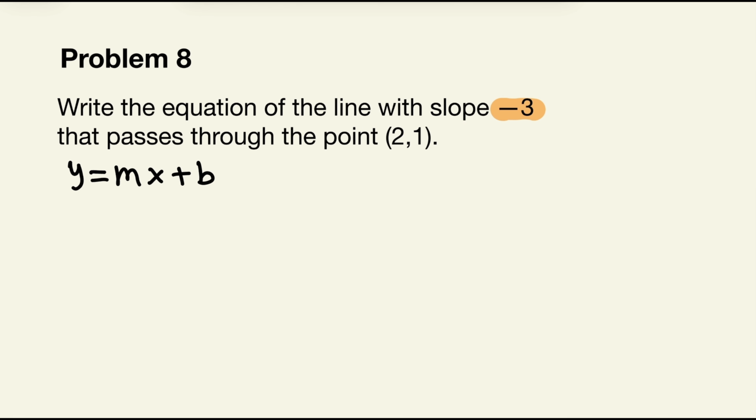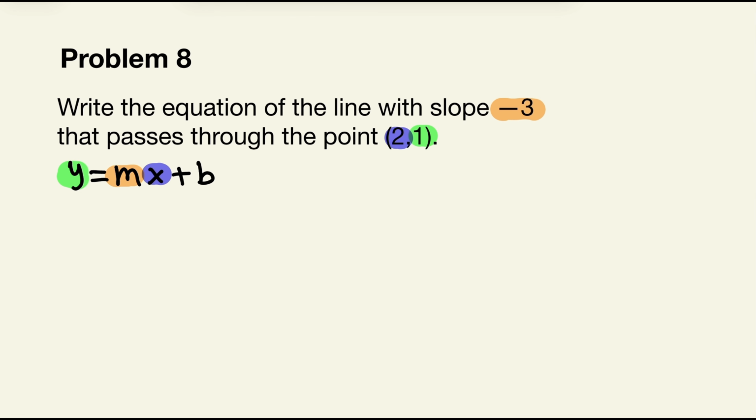Okay, so that's our m. And then the slope passes through the point (2, 1). So we know that x is 2. And then y is 1. So let's go ahead and fill in those values.